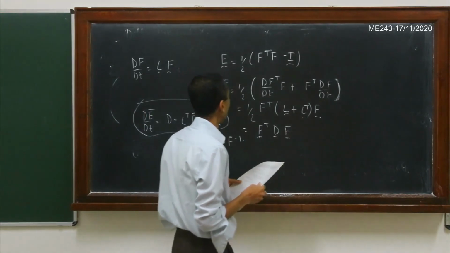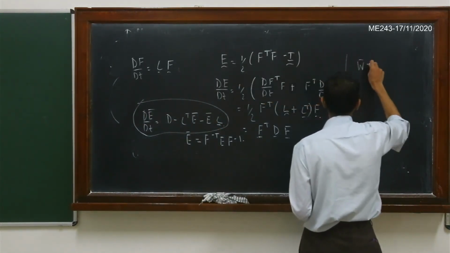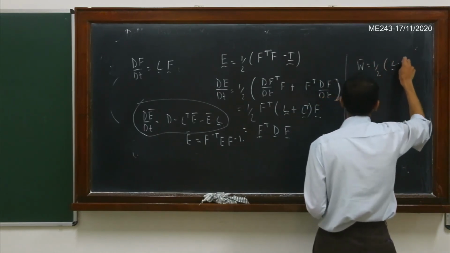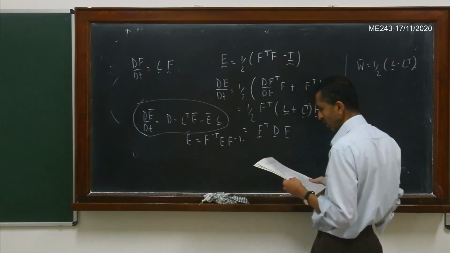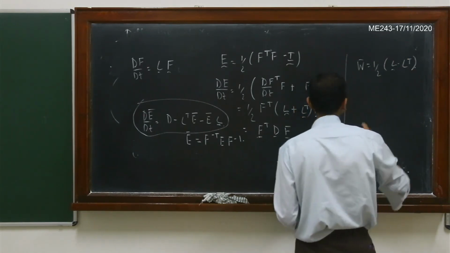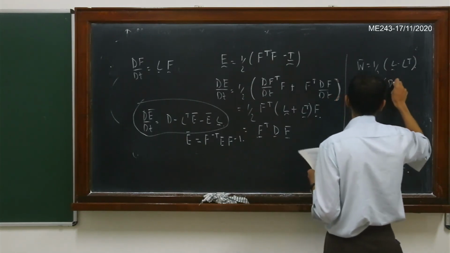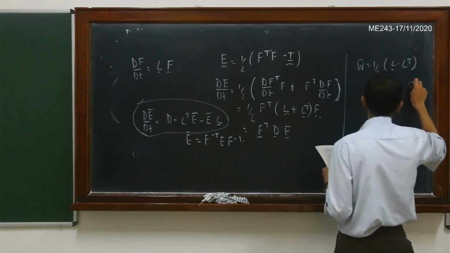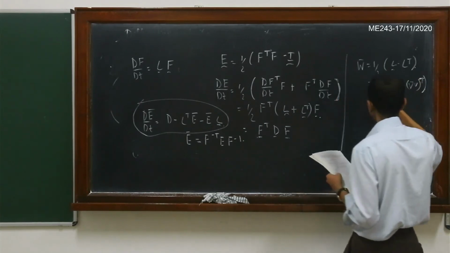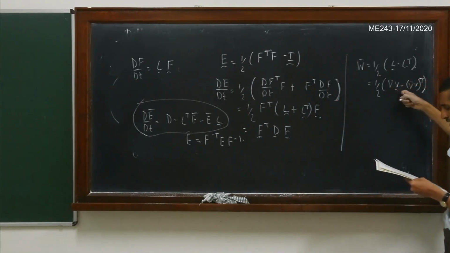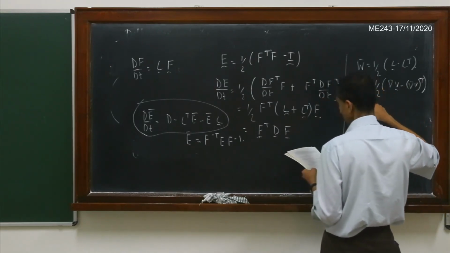Fine, then what about the vorticity tensor? So this W tilde I have called half of L minus L transpose. And this quantity plays a key role in fluid mechanics. So this is also equal to half of del V minus del V transpose. So this is a skew symmetric tensor, and if you find the axial vector of this, then that is related to the vorticity vector.